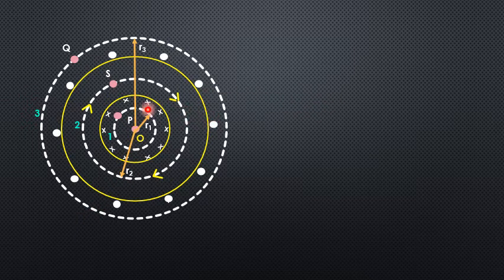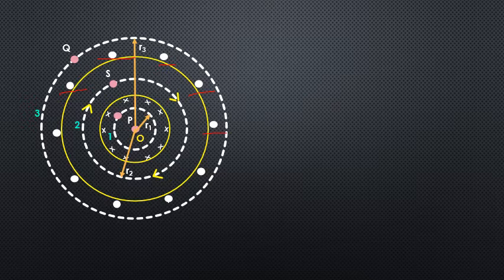But for that, I would like to explain the sectional view of a toroid here. Here the yellow concentric circles, or the bold concentric circles, represent the toroid, and the direction of current has been shown here. The dots on this particular concentric circle represent the current coming out of the toroid.